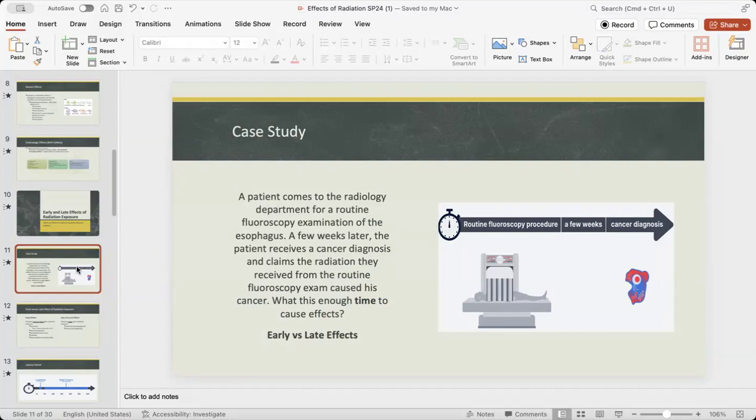So the next example: a patient comes to the radiology department for a routine fluoroscopy exam of the esophagus. A few weeks later, the patient receives a cancer diagnosis and claims the radiation they received from the routine fluoroscopy exam caused the cancer. Was this enough time to cause effects? So somebody come off mute and tell me what you think about this case study.